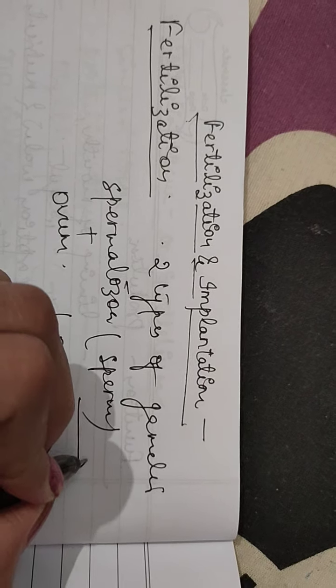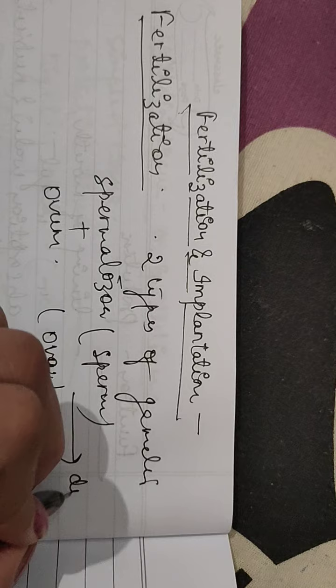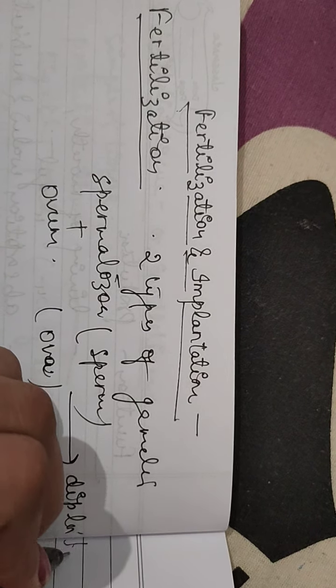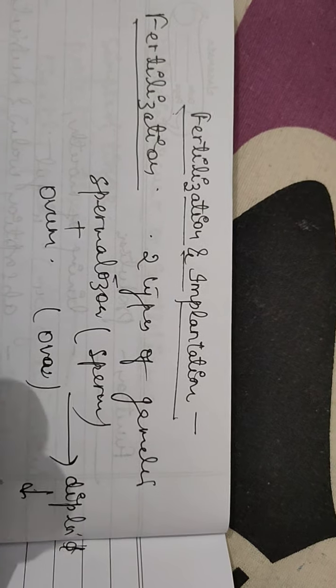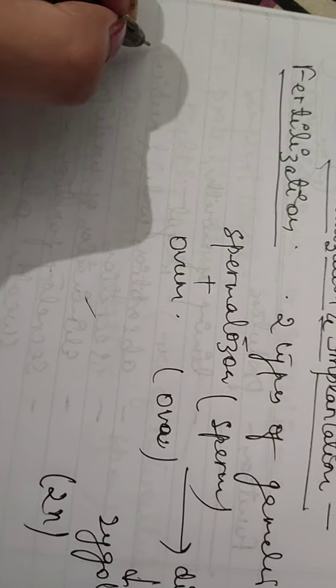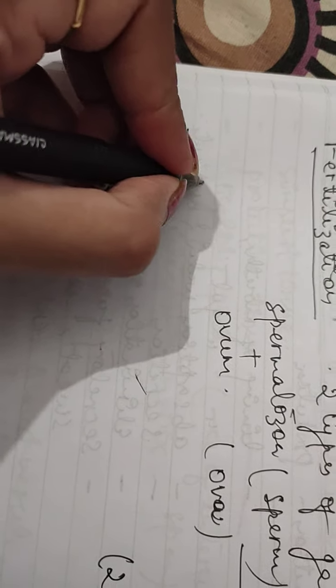They fuse together and form a diploid zygote, that is 2n.